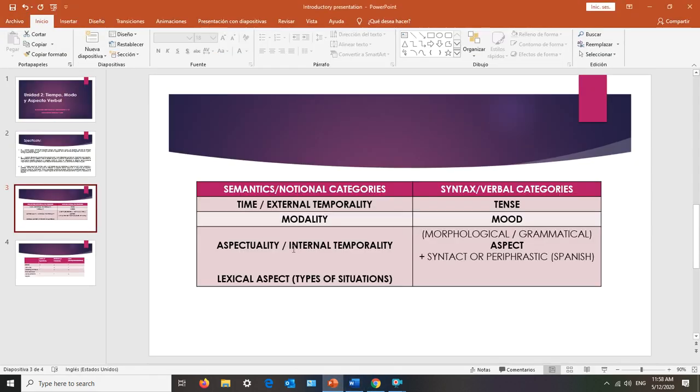It is the grammatical representation through a finite verb of the internal temporal constituency of situations. So there's no connection here with the moment of speaking, right? That's why it is called internal temporality.